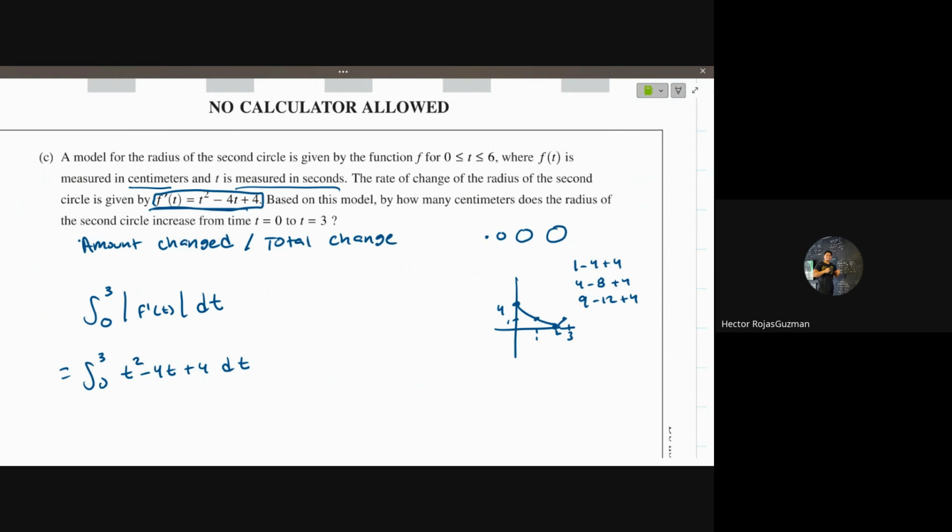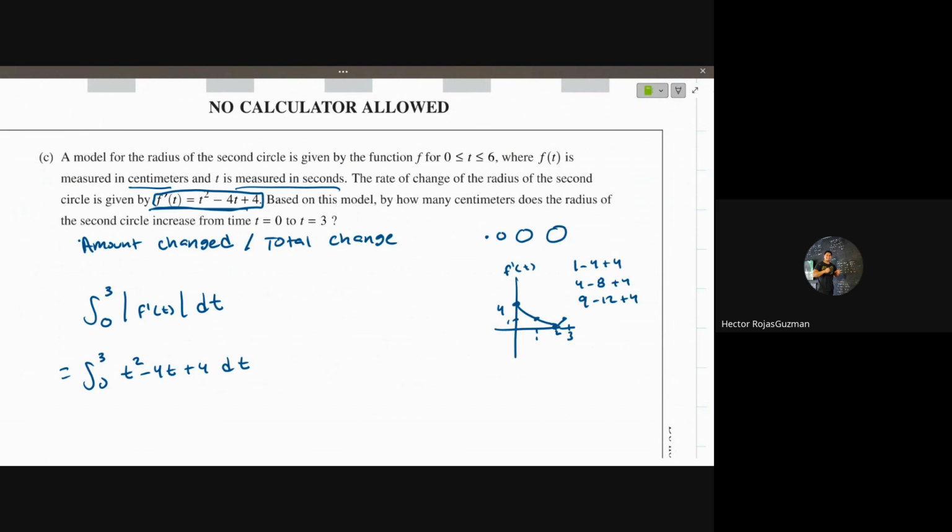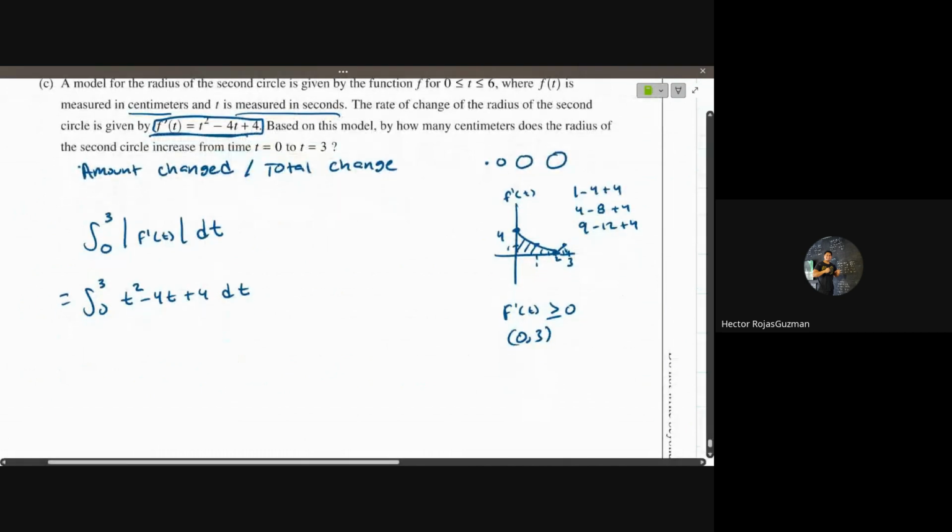Now, don't forget that this equation represents a derivative. So even though you see a decrease in it, you shouldn't be looking at a slope. You should be looking at the value, right? f prime of t is greater than or equal to 0 on 0 to 3. And that's why we don't have to worry about the absolute value, because the change is always positive. So let's just go ahead and do our integral.